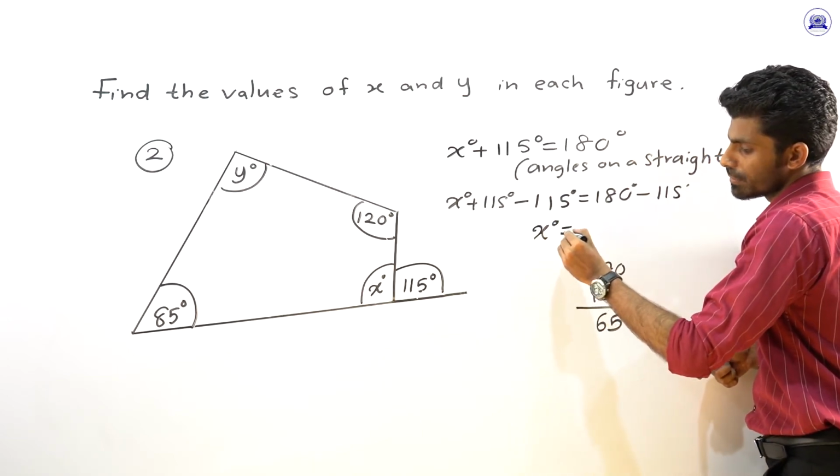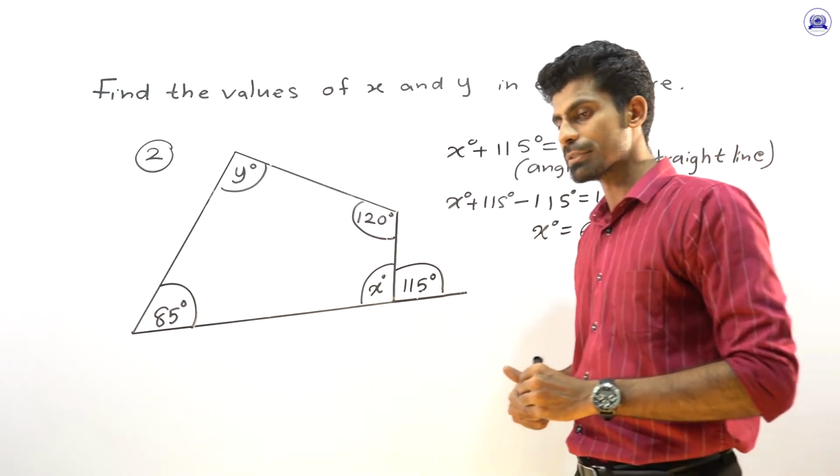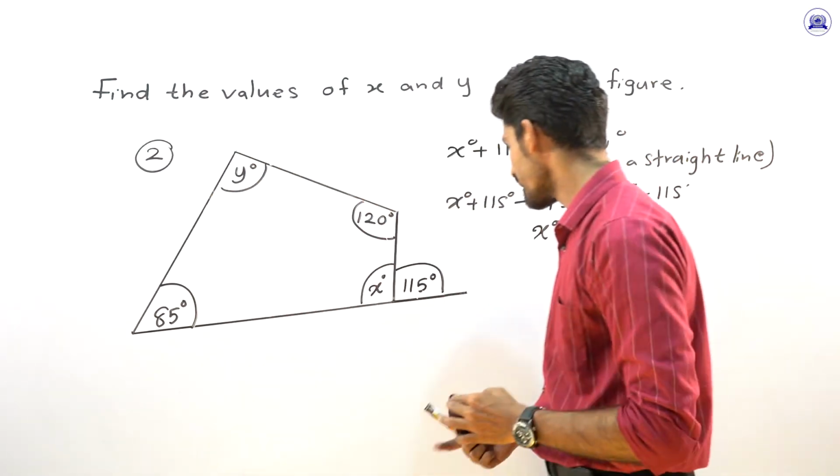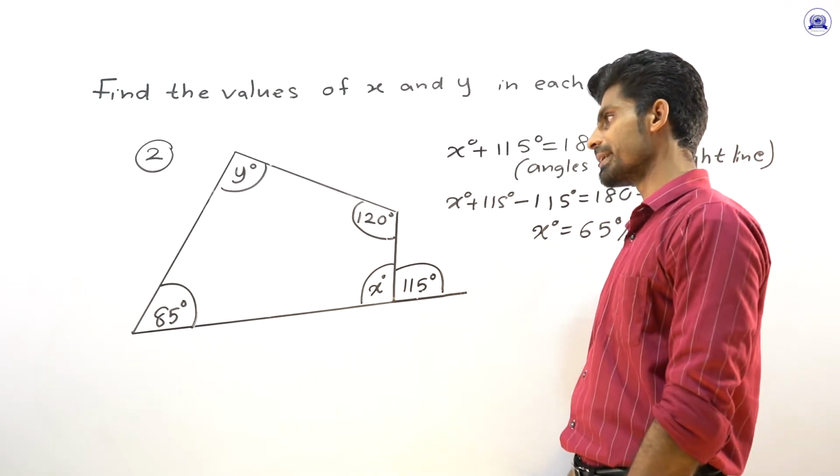So x equals 65 degrees. X equals 65 degrees, right? So you can take that one.